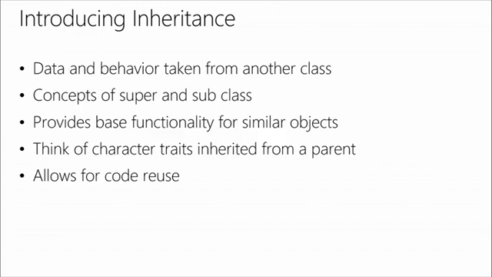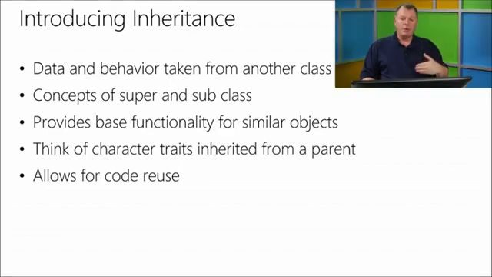This creates the concept of what we refer to as superclasses and subclasses, or base class and derived class. There are different terms that you can use for it, but a superclass or a base class becomes sort of the parent, and the derived class or subclass becomes the class that does the inheriting. It's the one that collects those values from the parent class or from the superclass.